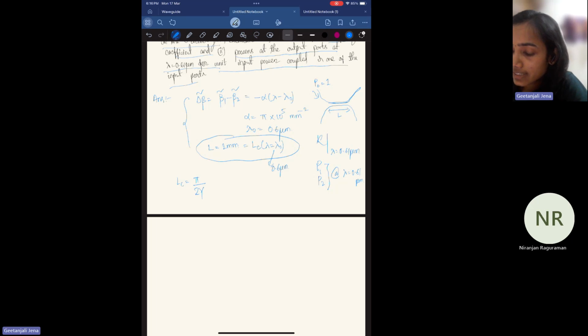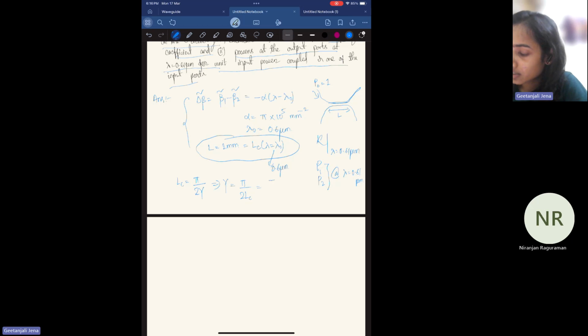So that means we can easily get the value of gamma for our case. So gamma will be pi by 2 LC. Gamma depends on the wavelength, but in the question it is given kappa is independent of wavelength. So we can use the same gamma for 0.61 micrometer.